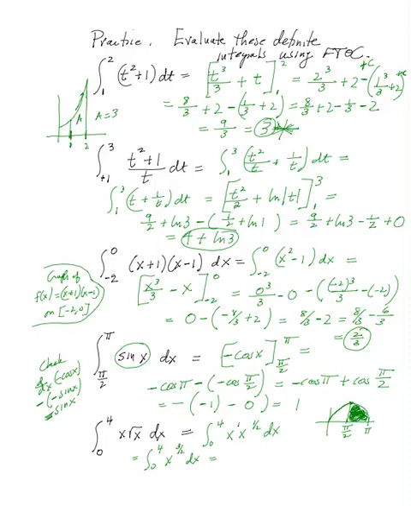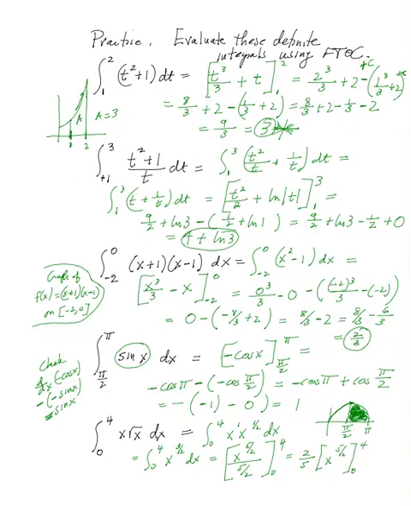Antiderivative of x to the 3/2 is x to the 5/2 over 5/2. I evaluate from 0 to 4. To divide by 5/2 is to multiply by 2/5. This 2/5 can either go inside the brackets or outside.